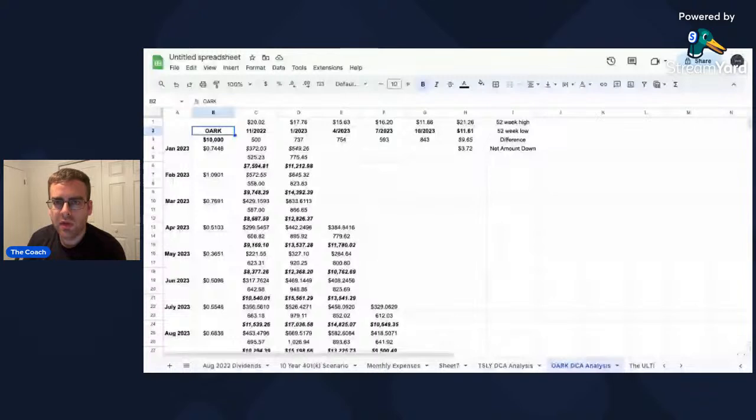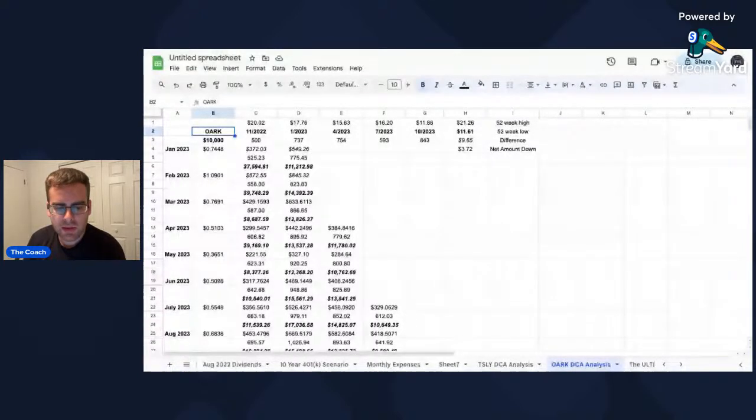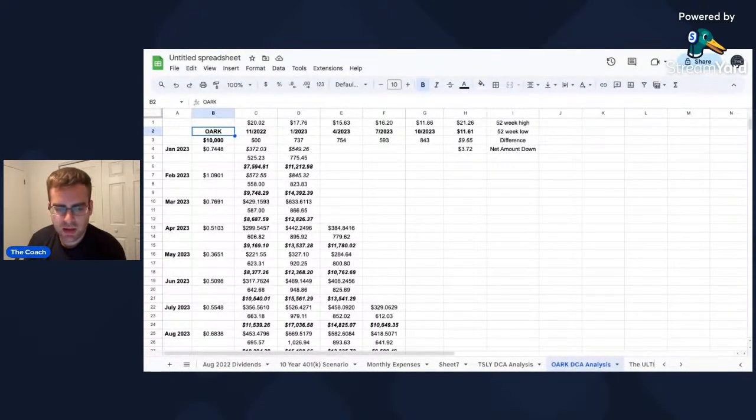All right, so this is OARK. This is if you had bought in November 2022, January, April, July, October, and then the low point. To start off, the 52-week high in OARK was 21.26. The 52-week low was 11.61. The difference between that is $9.65.